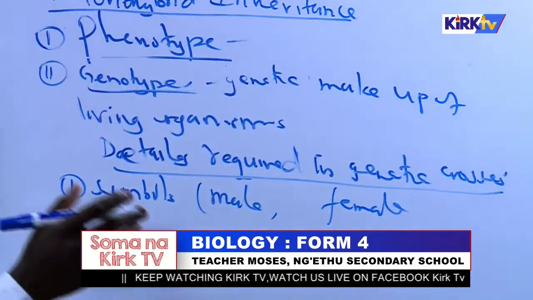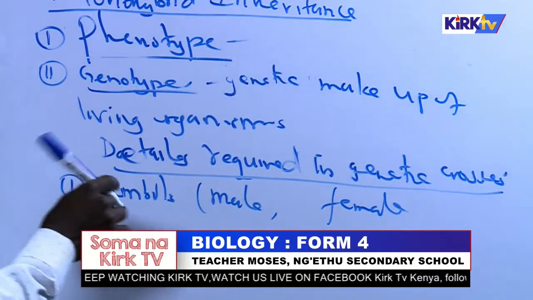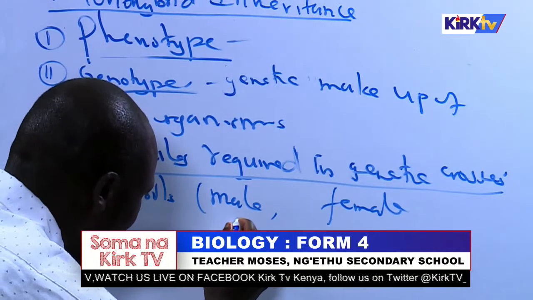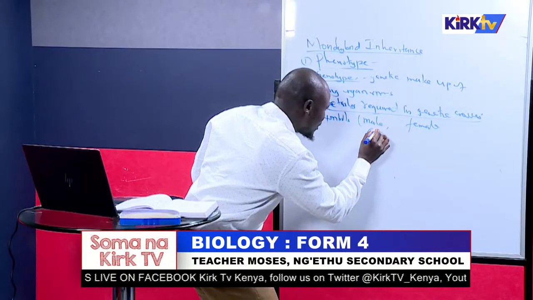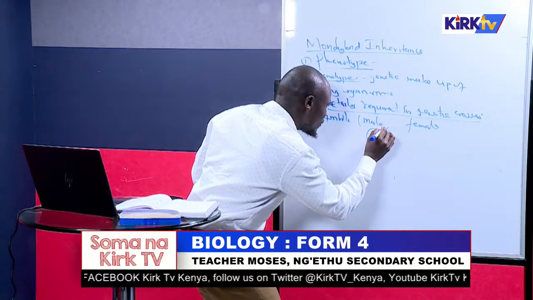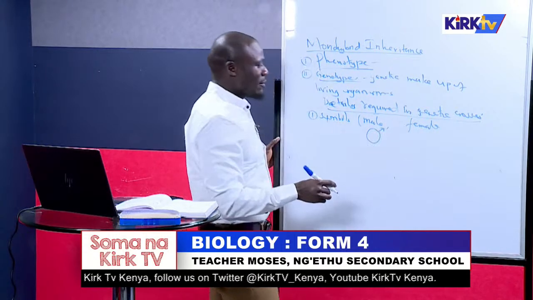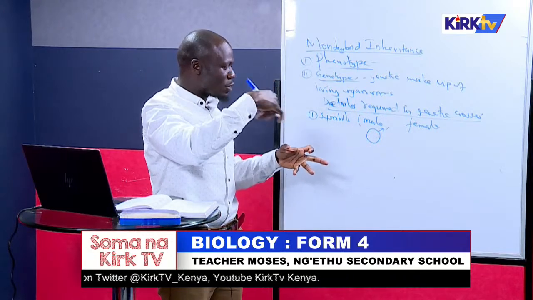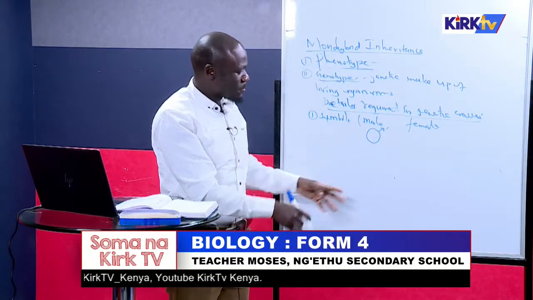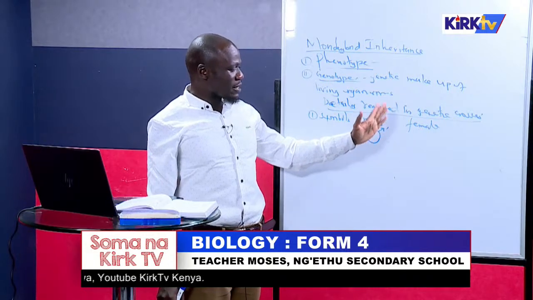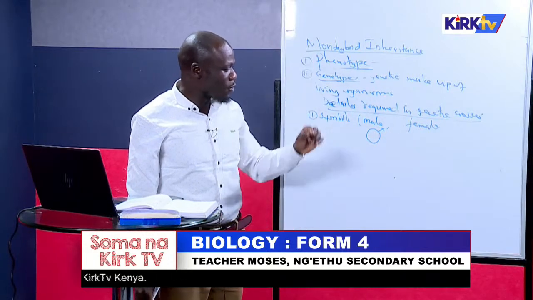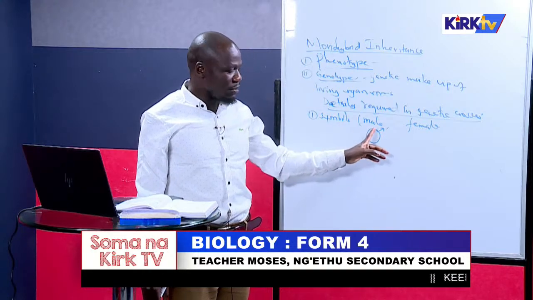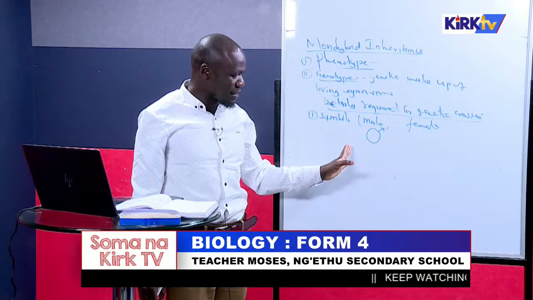So what is the symbol that is used to represent the male? We always represent the male under genetic crosses by having something like this, but ensure that the circle is well drawn. You have to use your free hand, and the other line that is extending, showing the arrow, must not pass into the circle.